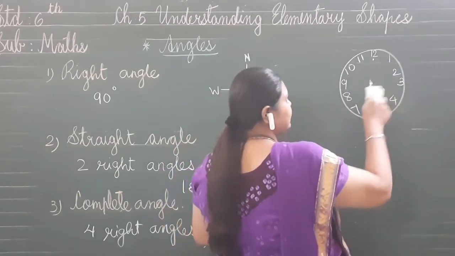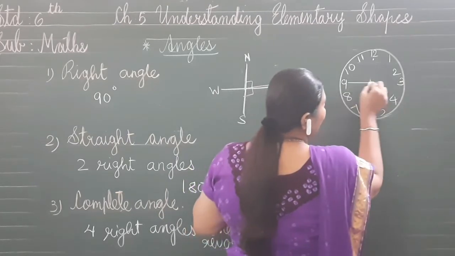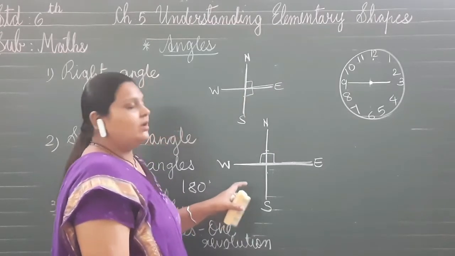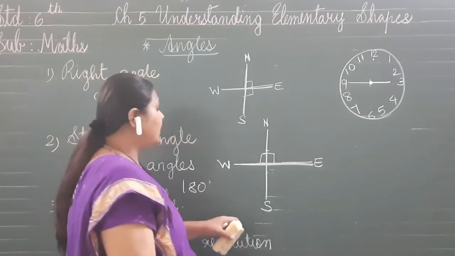Or I can say the position of the globe should be like this. It is also a straight angle, that is 180 degrees.